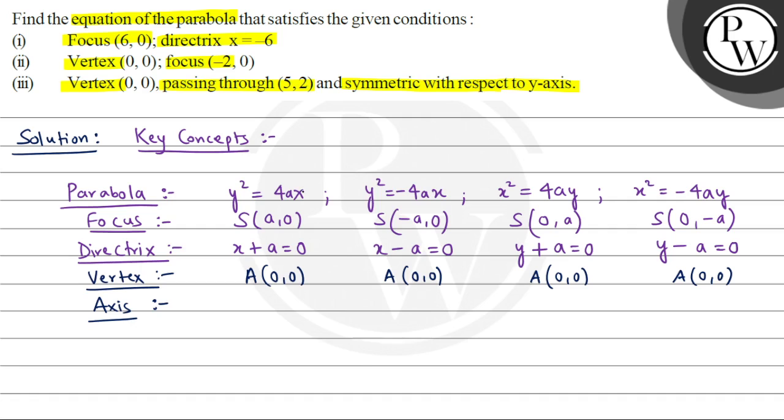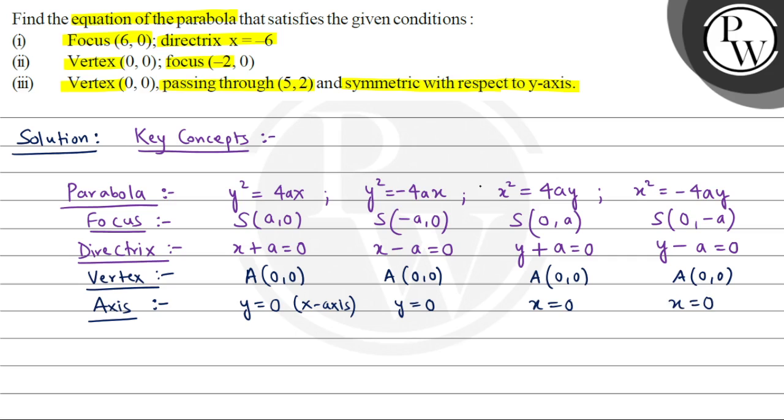Y square equals 4ax is symmetric about the x-axis, whose equation is y equals 0. Similarly, y square equals minus 4ax is also symmetric about the x-axis. Now x square equals 4ay is symmetric about the y-axis, and x square equals minus 4ay is also symmetric about the y-axis, right?